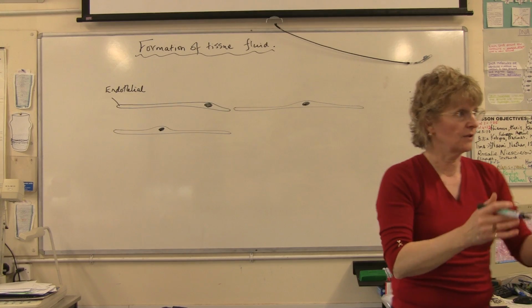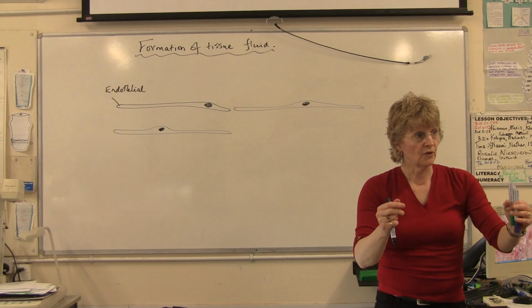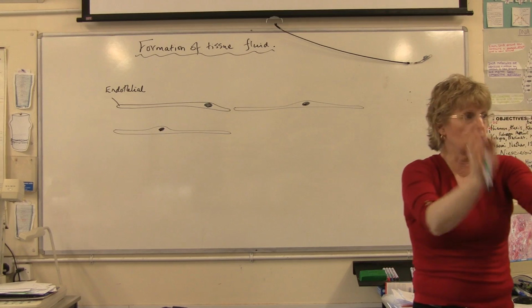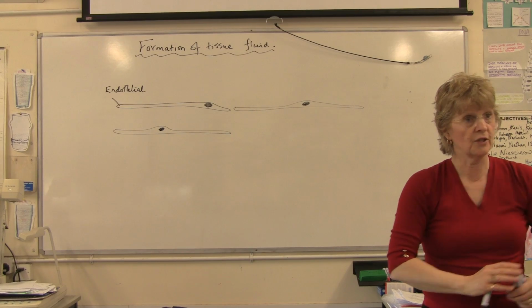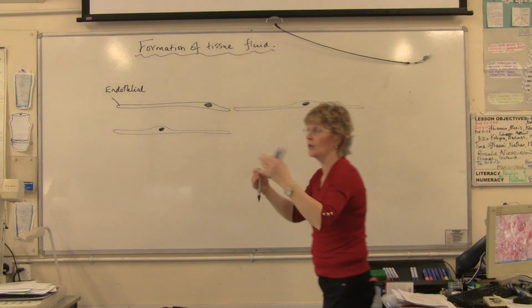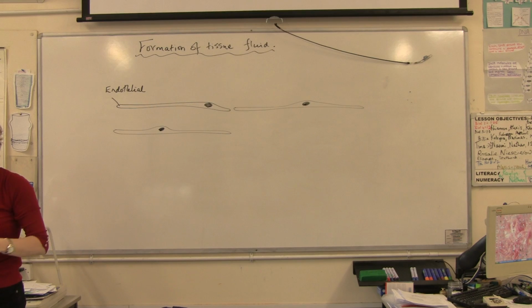Diffusion. Excellent. Of what is going to diffuse into the cells? Glucose and... Good, okay. And then what is going to diffuse from the cells, Katie, back into the blood within the capillary?